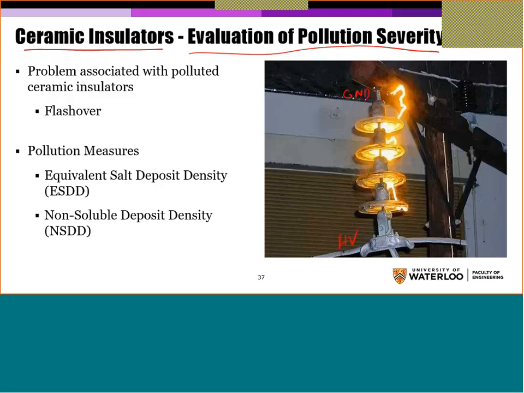A flashover is an arc from the high voltage to the ground, and this will trigger the circuit breaker to interrupt. Sometimes you might have a recloser. The recloser will open and close a couple of times. This is mostly in overhead lines. Whenever something like this happens, it's temporary.